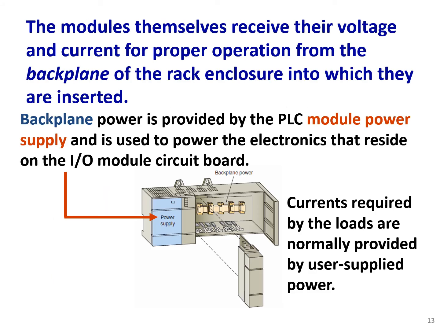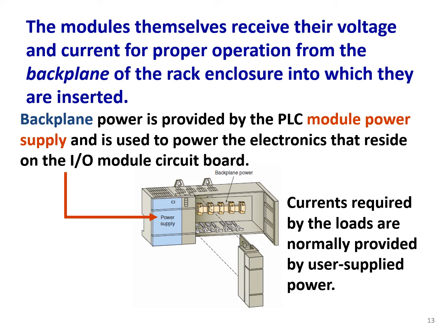The modules themselves receive their voltage and current for proper operation from the back plane of the rack enclosure into which they are inserted. So here is the back plane, and you could see that we have a power supply. The card itself gets the power from the power supply in the back plane.